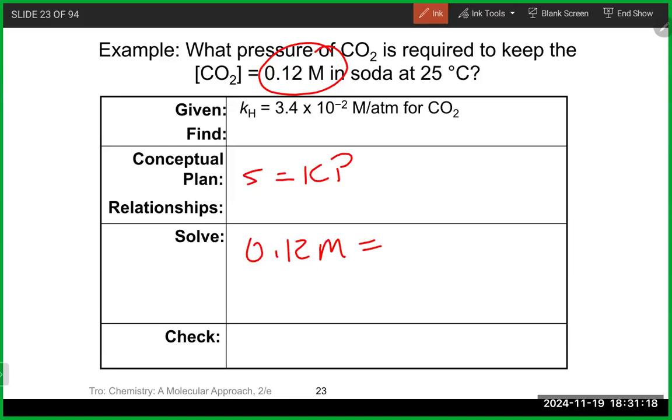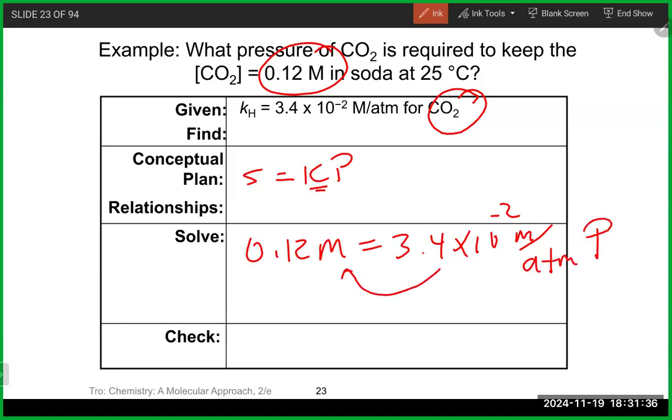We would go to that table and look up the K value, or Henry's law constant, for CO2, which is our bubbles in our soda, which is 3.4 times 10 to the minus 2 molar over atmospheres, times our pressure.